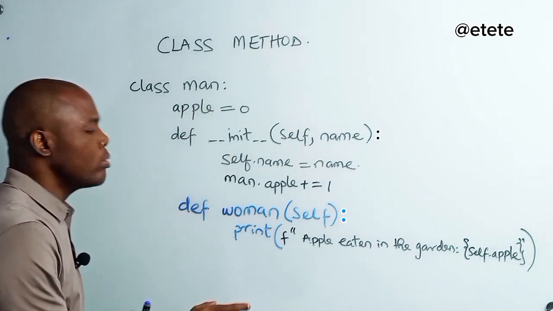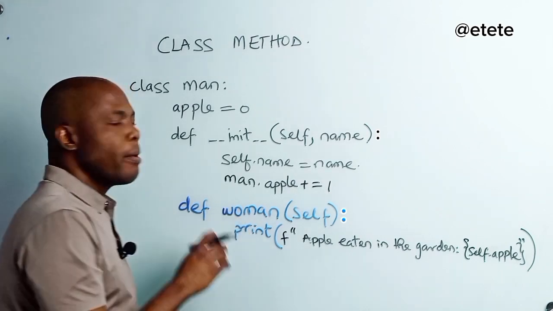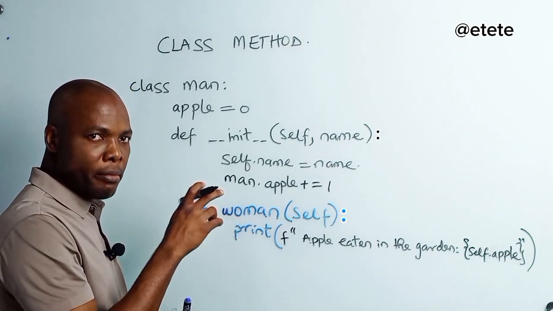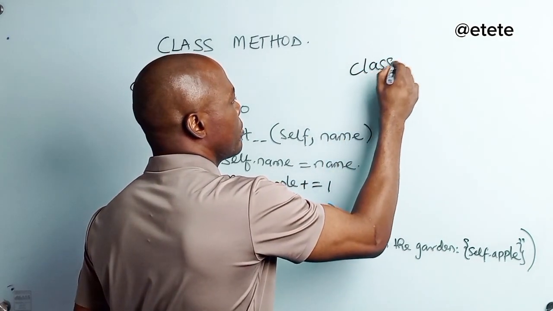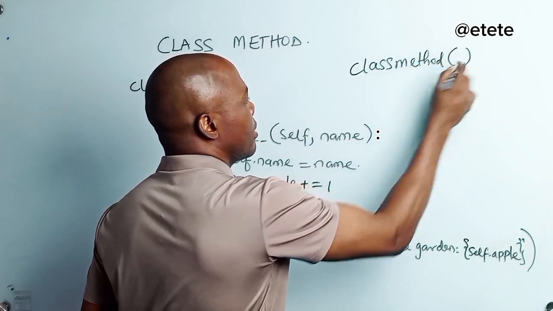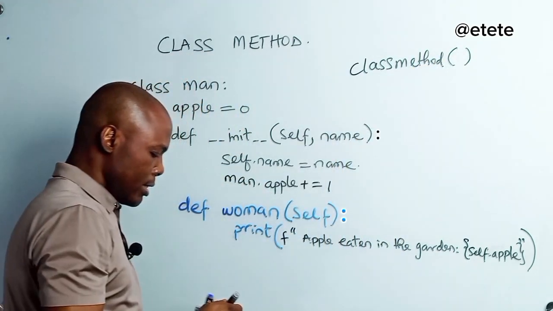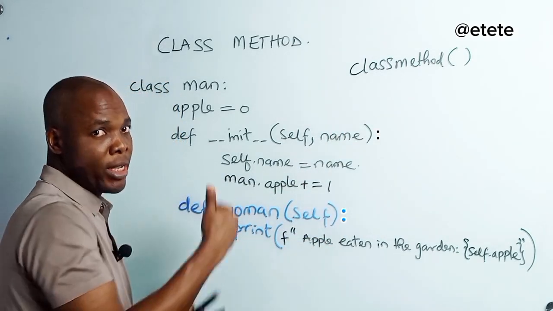But what we want to do is elevate this instance method to a class method. Python has a built-in method, which is classmethod. This is going to be used to elevate this instance method to a class method.